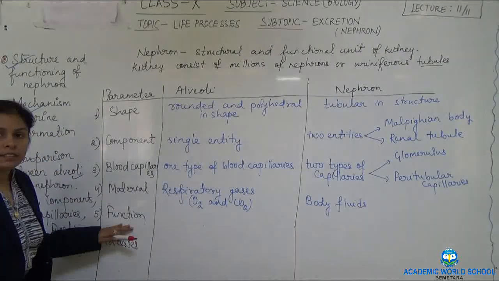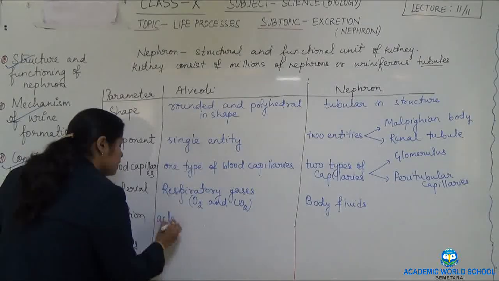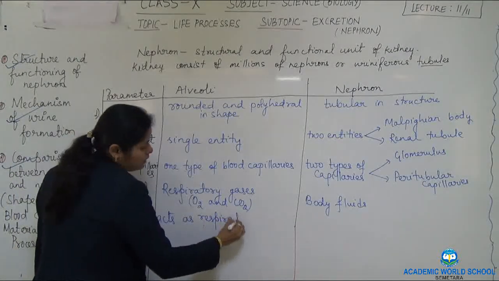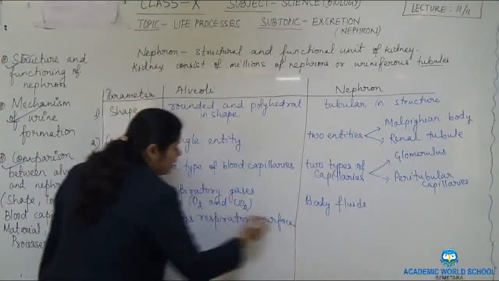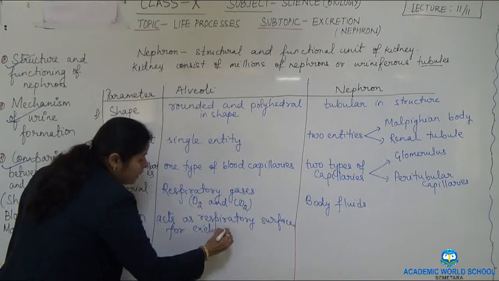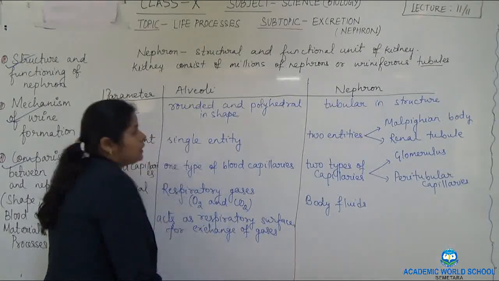Next is function. What is the function of alveoli? It acts as respiratory surface for exchange of gases. This we have read already. And what is the function of nephron?